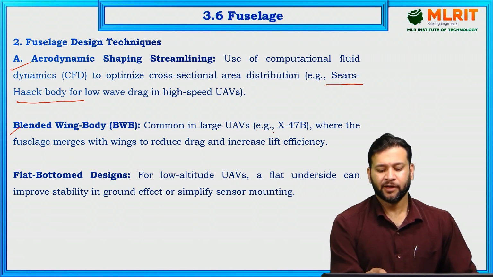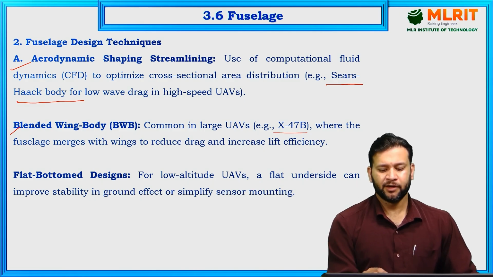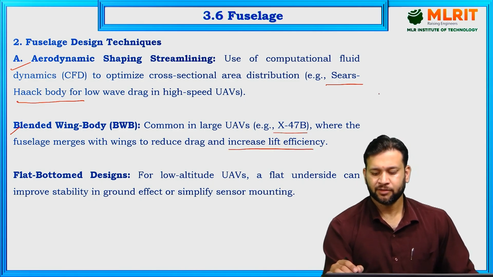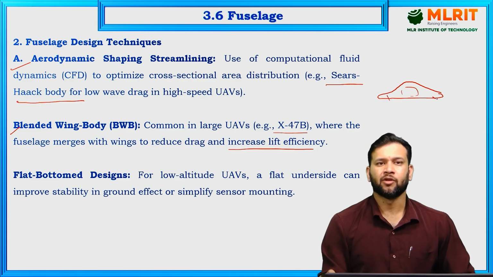For example, X-47B, where the fuselage merges with the wings to reduce drag and increase lift efficiency. It looks like this. If this area is a fuselage and this is the wing, which is incorporated.